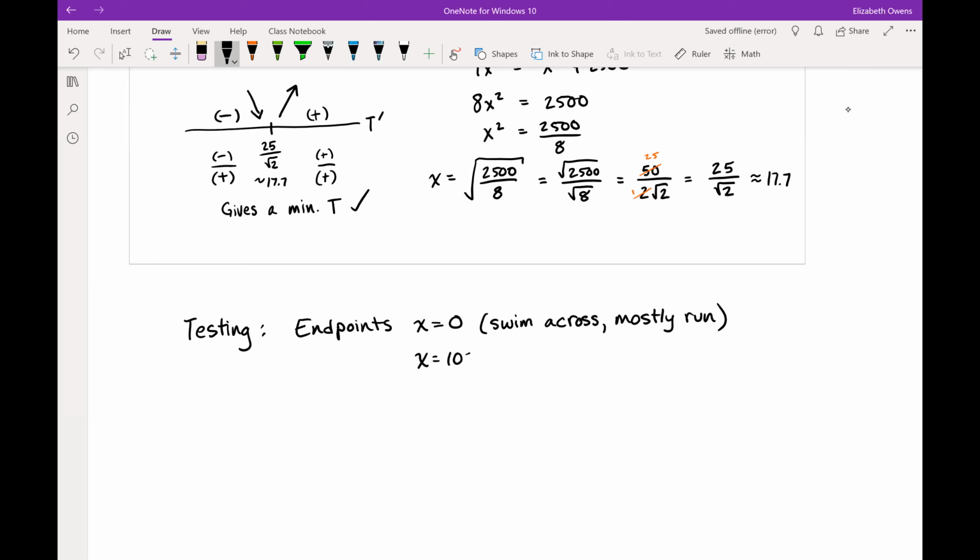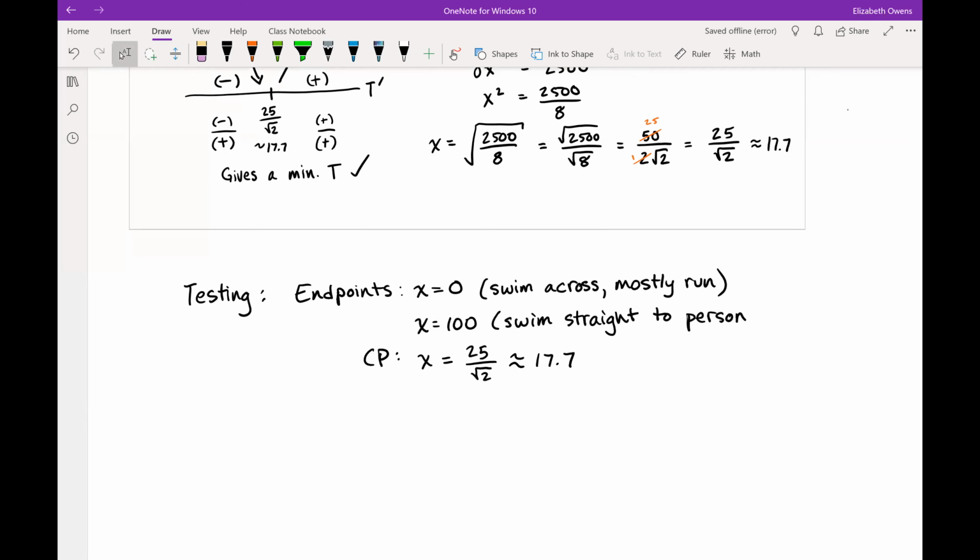X equals 100, which was swim straight to the person. And then our critical point value, we should also calculate the total time for that. 25 over root 2, approximately 17.7. So let's see what we come up with here.